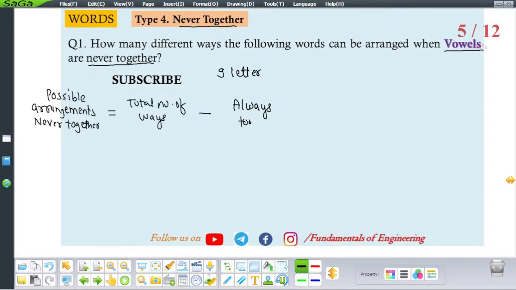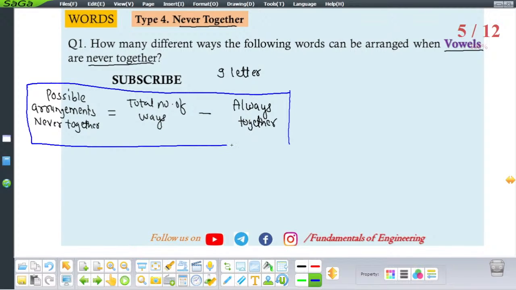This is the important formula to get the possible arrangements whenever the vowels or consonants are never together. So remember this formula. We have seen the total number of ways to arrange, and how to arrange when the vowels or consonants are always together.